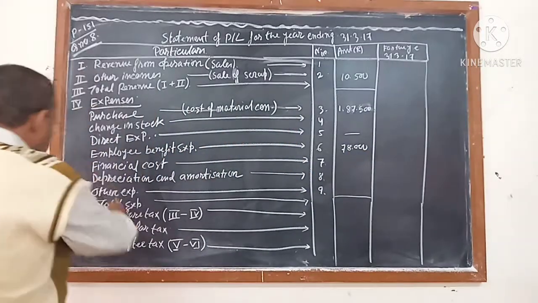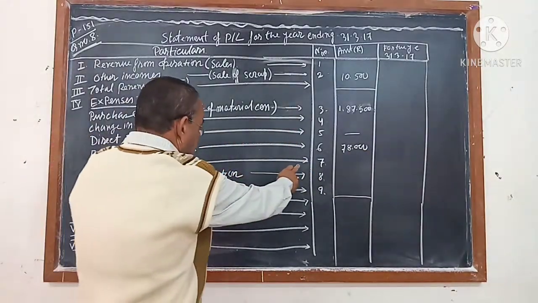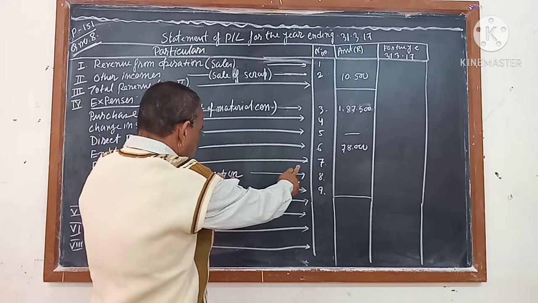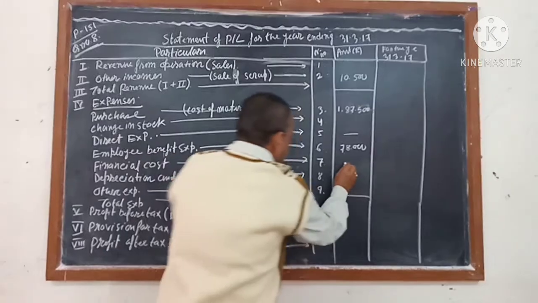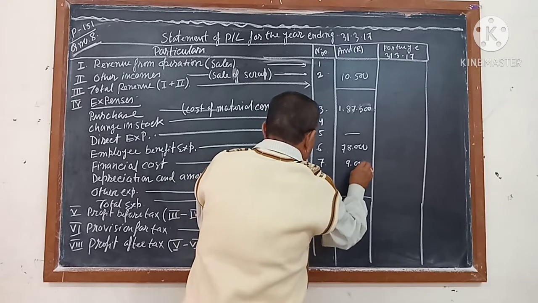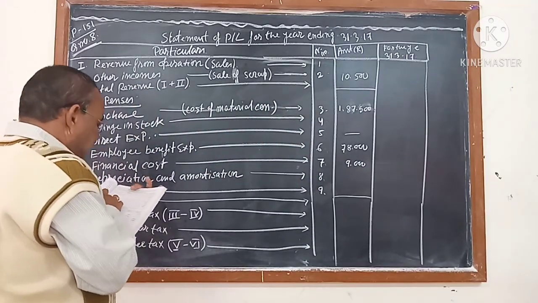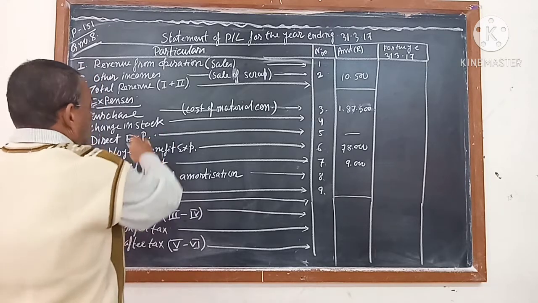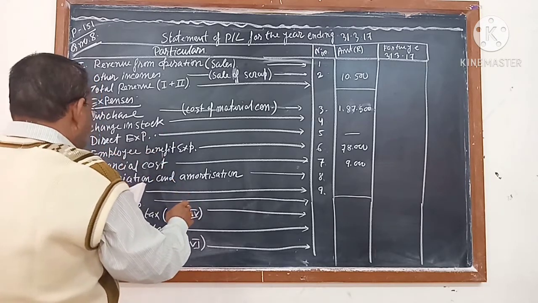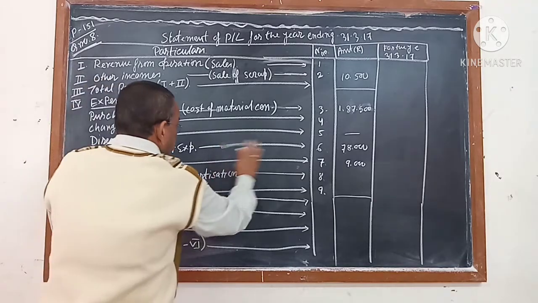Interest paid, financial expense. How much? It is 9,000. Interest paid 9,000. Sales 3,81,000. Here it is 7.